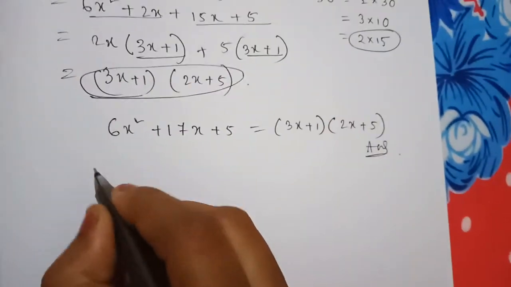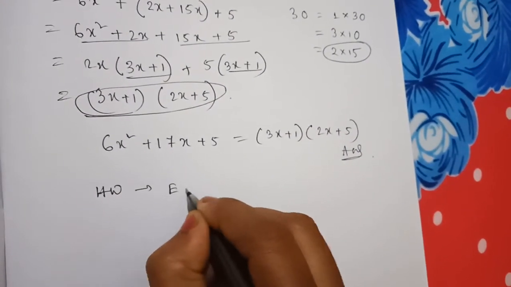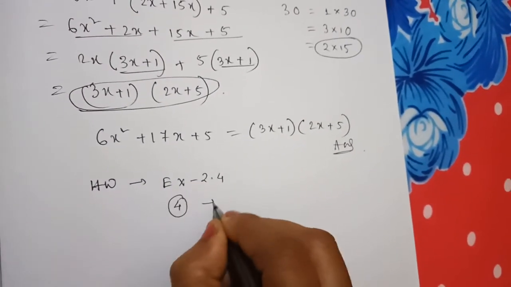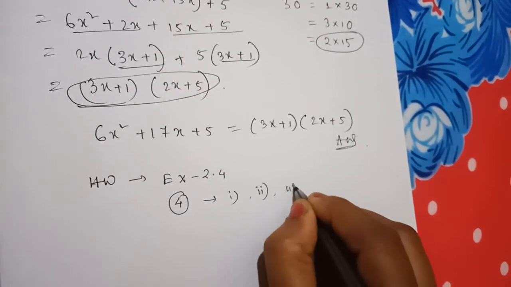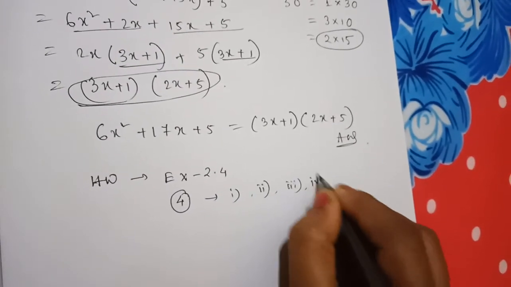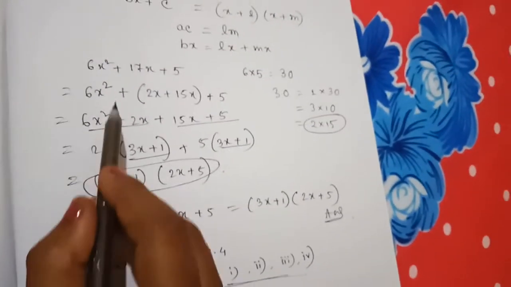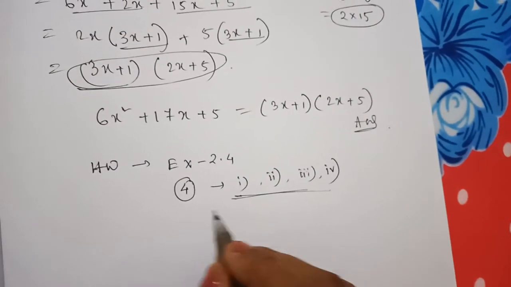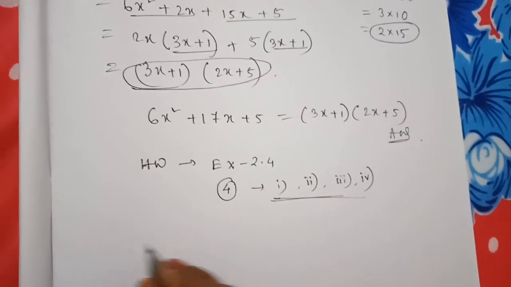Now by using this, your first homework will be exercise 2.4, question number 4, parts 1, 2, 3 and 4. These all 4 questions are of the same type, you have to factorize. So these 4 questions will be your first homework.